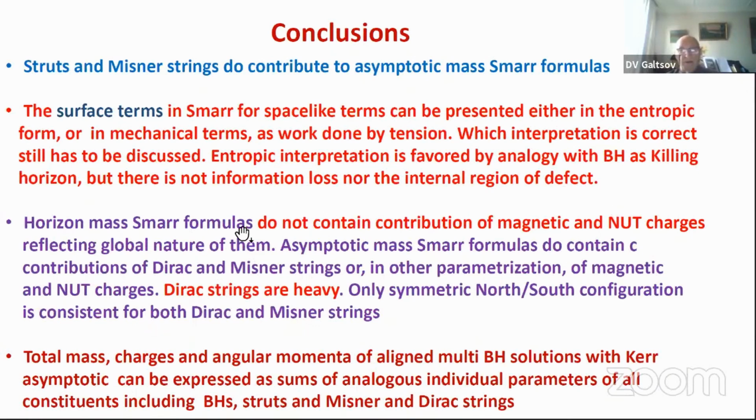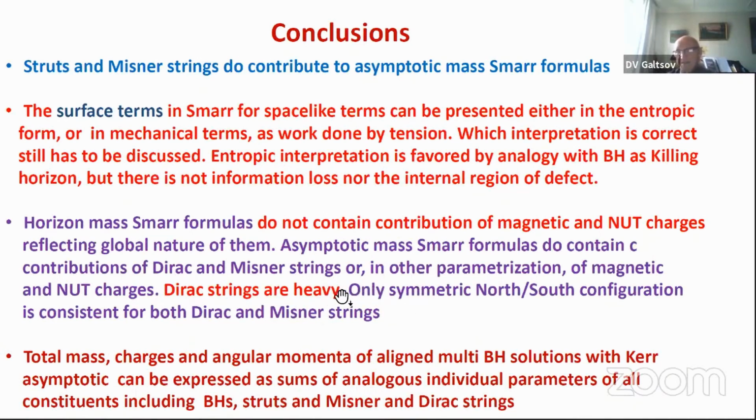Now, the component horizon mass Smarr formula does not contain contributions of magnetic charge or NUT charges because they are global. And those contributions are contained in the careful evaluation of the parameters of the Misner string and the Dirac strings. So gravitational Dirac strings are heavy.